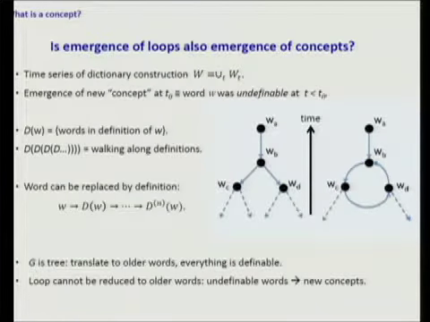However, if there is a loop in the graph, like this one, I cannot just replace WB by WC and WD, because you see that this word WB is used in the definition of WD. So this loop should appear or disappear simultaneously, which means that all these words are interdependent, and this interdependence tells us something about a new concept.